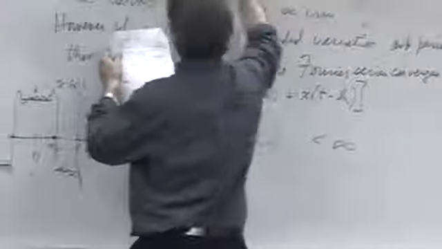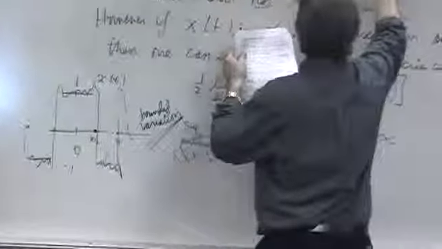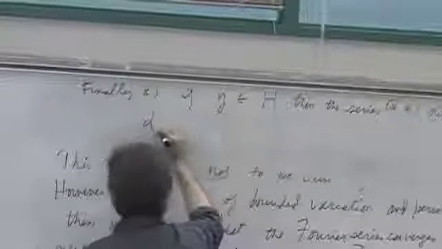Finally, C, I guess this is a discussion. If y is in H, then the series double star defined by alpha k equals the inner product of y with ek converges in H. I should put: if x is in H, then the series converges to an element y.